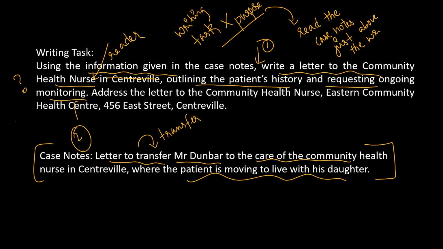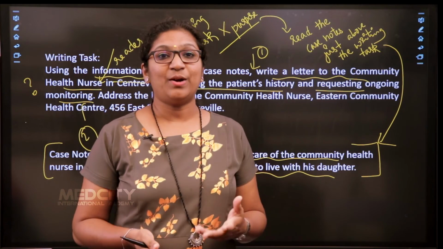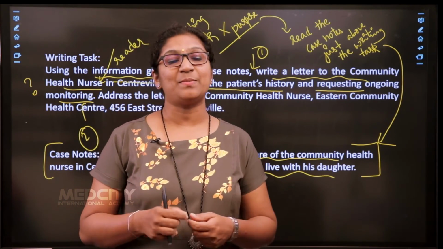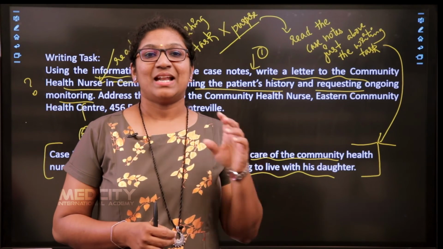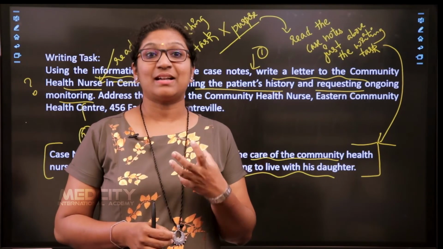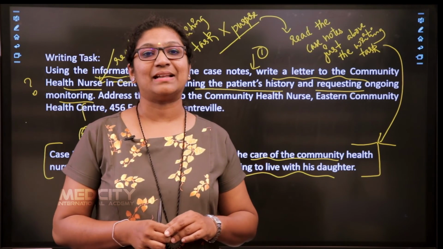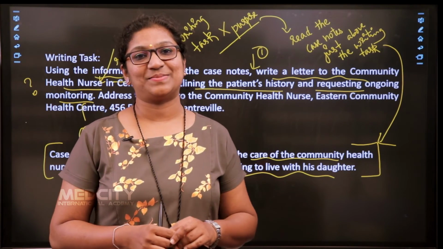So the part of the case note which is just before the writing task will tell you what the purpose is. This is an example of that. So now you have a better idea of where to look for your purpose and how it can be included in your letter. Now, to ensure that you get a clearer picture of this, I'm going to show you some examples that you can pick from and learn. So let's get into the examples now.